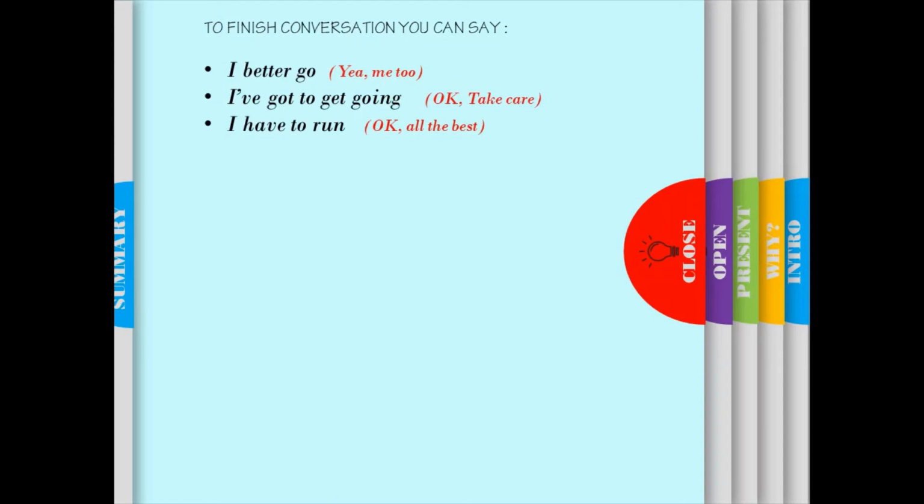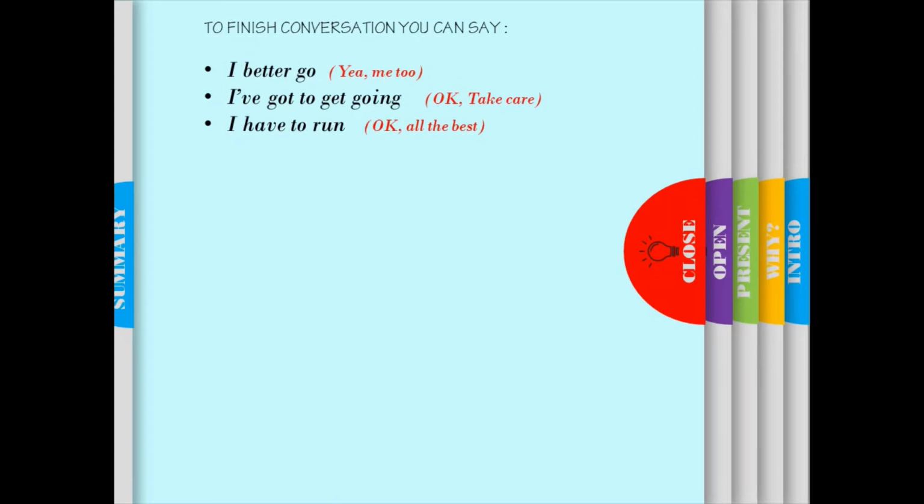So these three things are something that you can say to finish your conversation, just to say that the conversation is over now and we should stop talking. So you can say, I better go, I've got to get going, and I have to run.